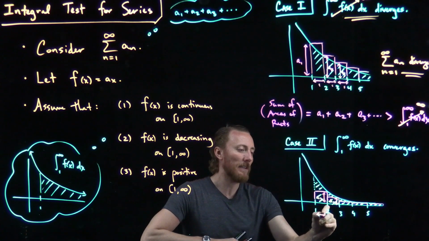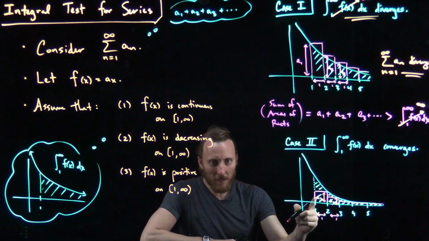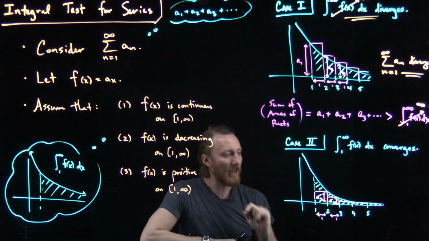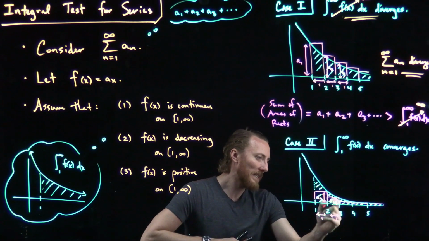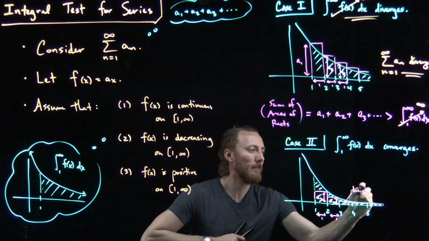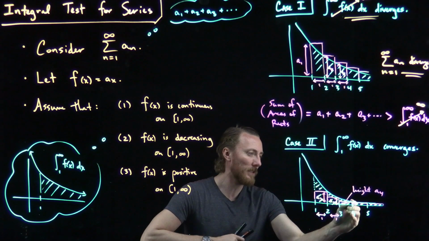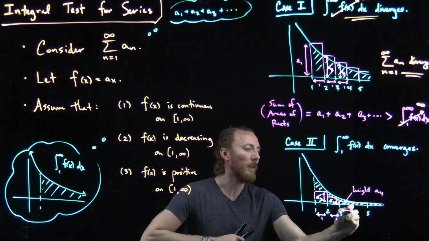And each of these rectangles has a width of 1. Well, if the first rectangle has an area of a sub 2, and the second rectangle has an area of a sub 3, the third rectangle has an area of a sub 4, specifically, it has a height of a sub 4, because the right endpoint is determining the height, and the width is 1, right?